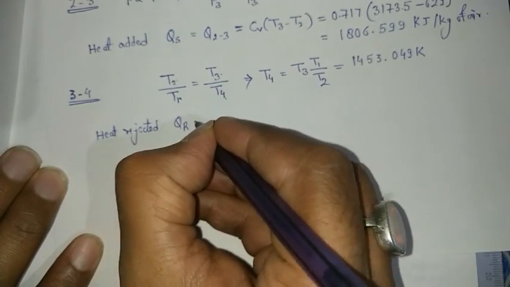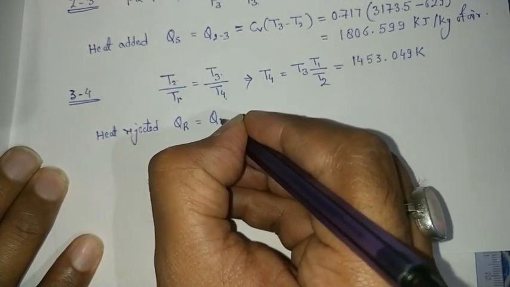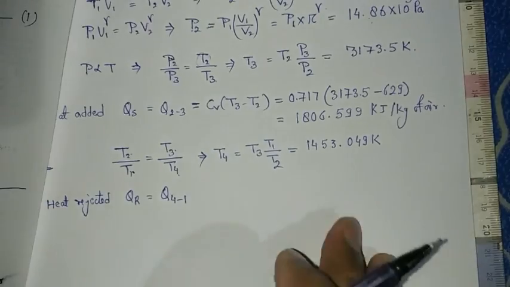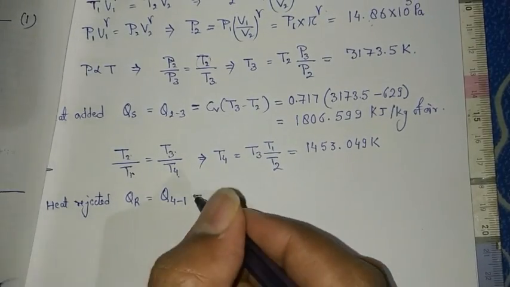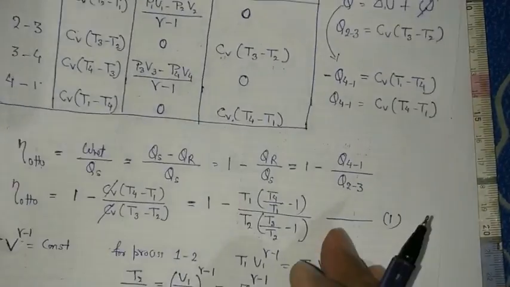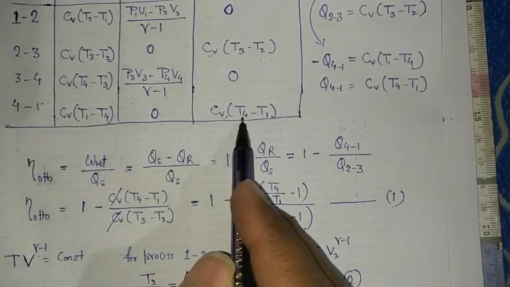So from here we can find out the heat rejected, which is QR, and which is equal to Q41. Okay. Q41 we have already calculated. Q41 is equal to CV (T4 minus T1).